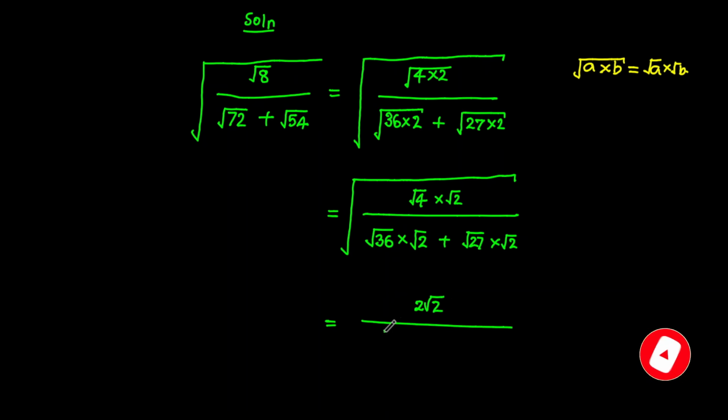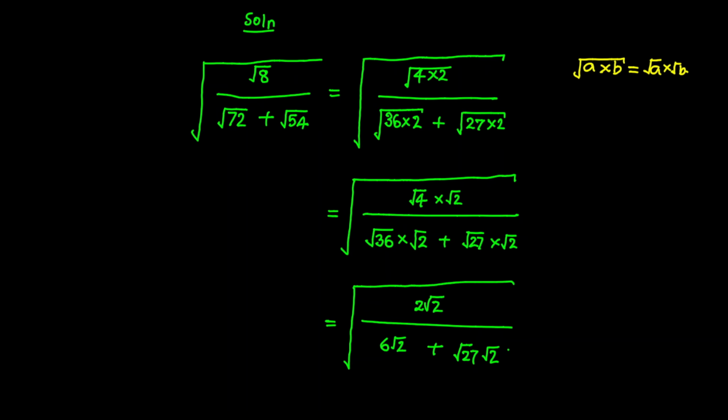From the denominator, 36, its square root is 6, so 6 times root 2 plus, now for this one we don't have it as a square, so we can just copy it like that, root 27 times root 2, all under square root.